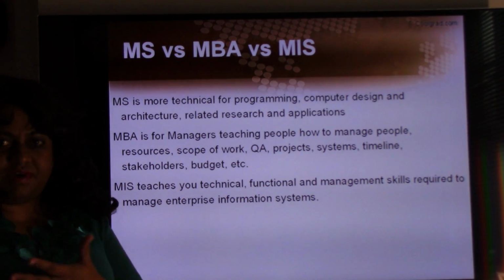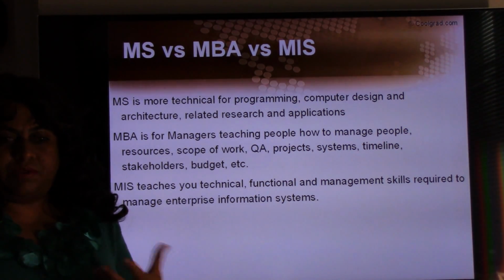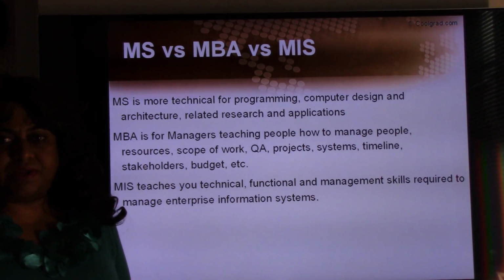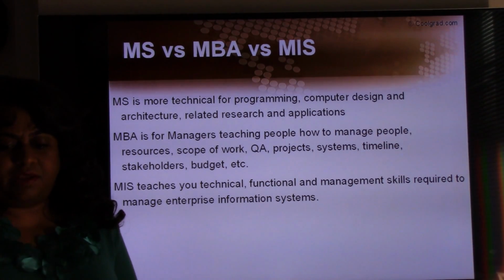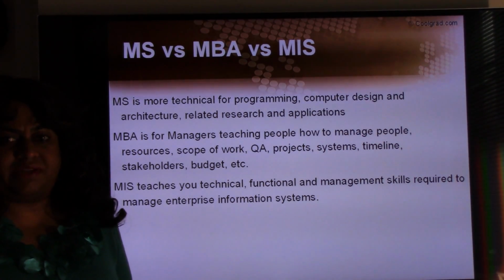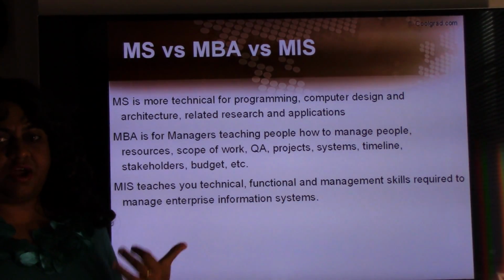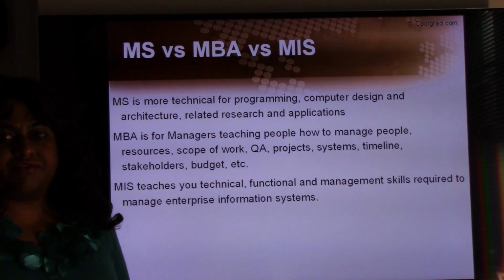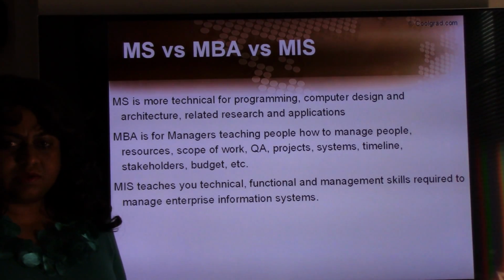But if you want to be a generic manager, where you're dealing with people or with venture capital or with generic management, then MBA is for you. In MBA, you don't necessarily learn any particular software, but you can always take a course somewhere and learn. It's not such a big deal. But MIS is one of the best suited courses for people who are sure they want to become managers and higher up in an enterprise setting.